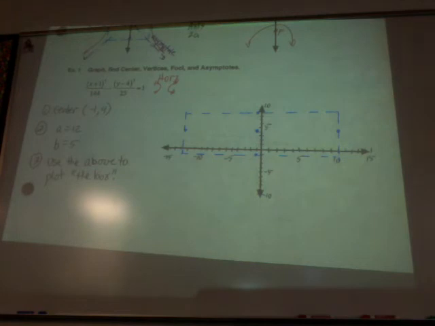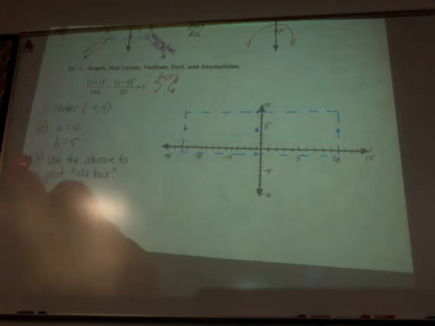Typically at this point I'll put in my asymptotes, but I'm going to help you find the foci. So, find foci.